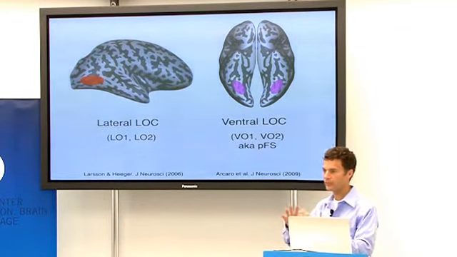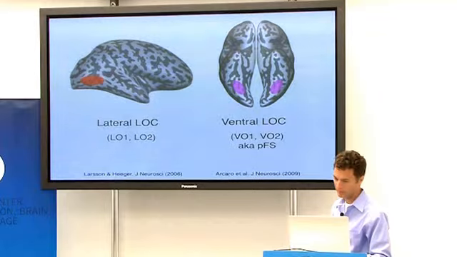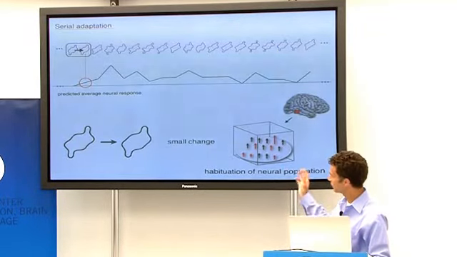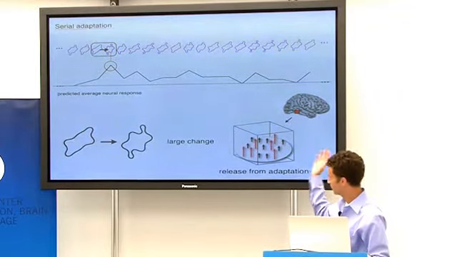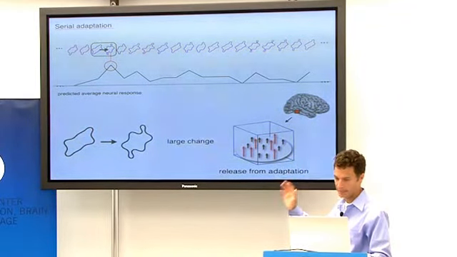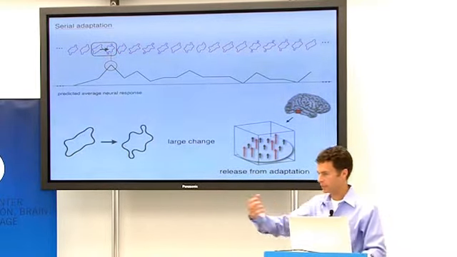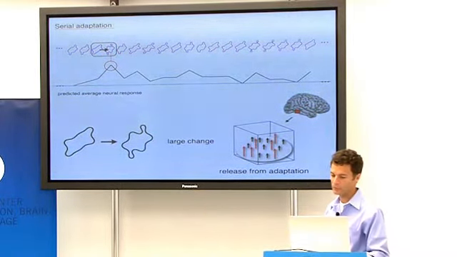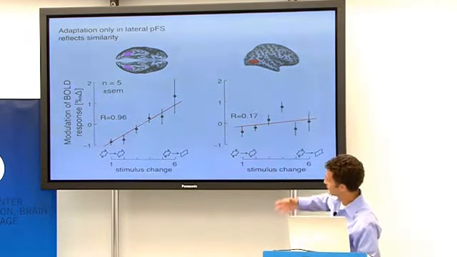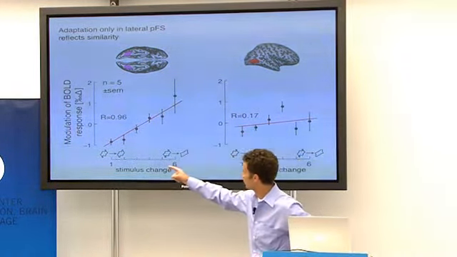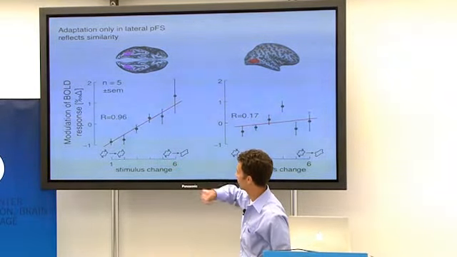Both of these regions have been seen for a while as regions that respond to the shape properties of objects. Just like in many other experiments, we're going to measure the serial adaptation from one stimulus to the next, and look for effects like that in these two regions of the brain that we defined by separate means. Within the posterior fusiform sulcus ventrally, we were able to record a recovery from adaptation that was proportional to stimulus similarity.